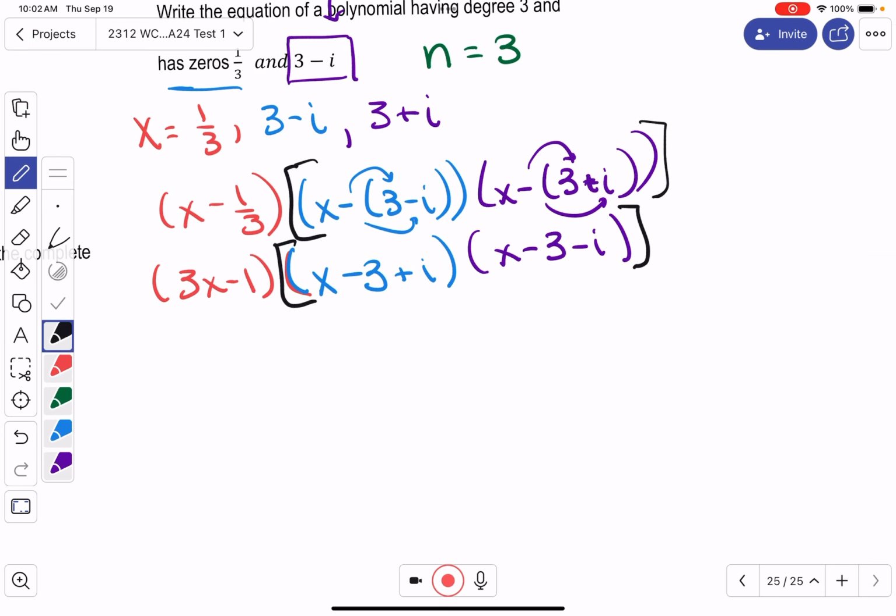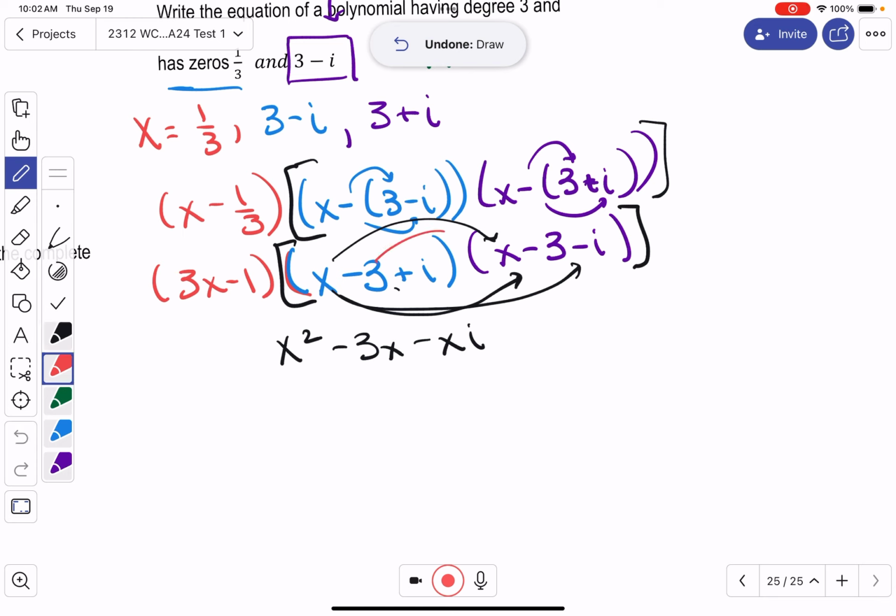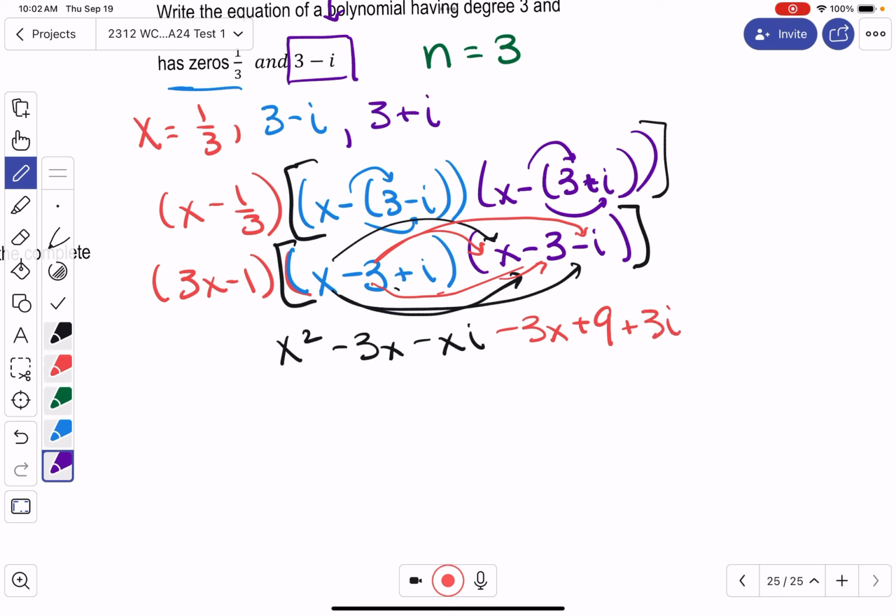When I do that, I get x times x, x squared. x times -3, negative 3x. x times i, negative xi. -3 times x, negative 3x. -3 times a negative 3, positive 9. -3 times i, positive 3i. i times x, positive xi. i times -3, negative 3i. Positive i times negative i is a negative i squared.